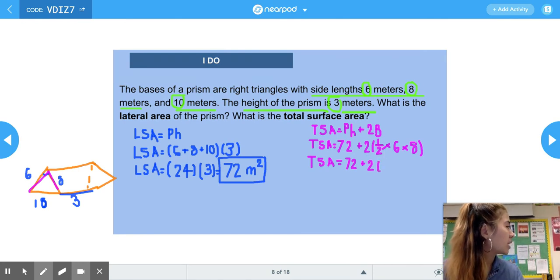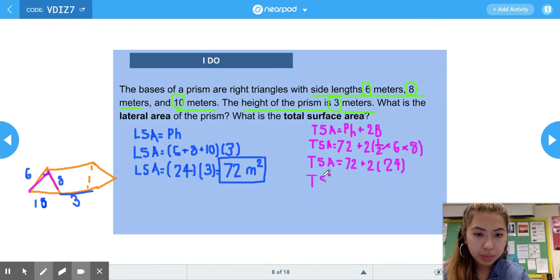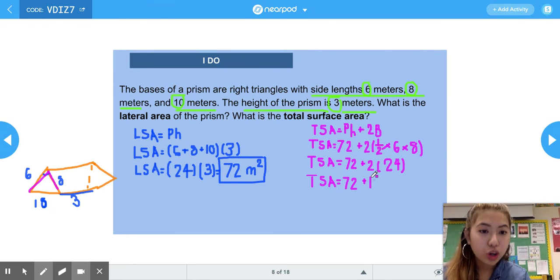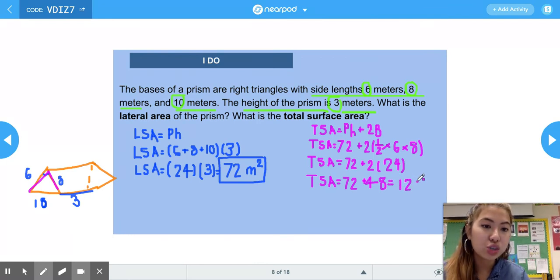Half times 6 times 8 is 24. 2 times 24 is 48. And then if we add 72 plus 48, that's 120. So then our complete answer is 120 meters squared.